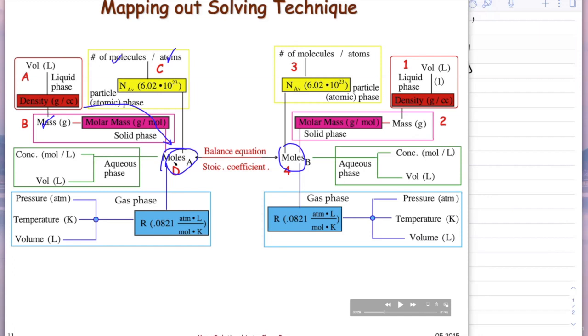But later on in the future, you guys are going to be studying solution chemistry. And again, if you have the concentration, molarity and the volume, you can calculate the moles. And then in the upcoming section, if you have gas phase, then you can use the ideal gas law to calculate the moles.